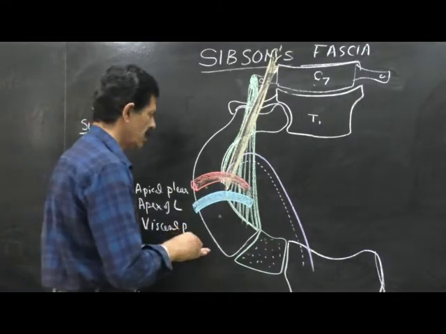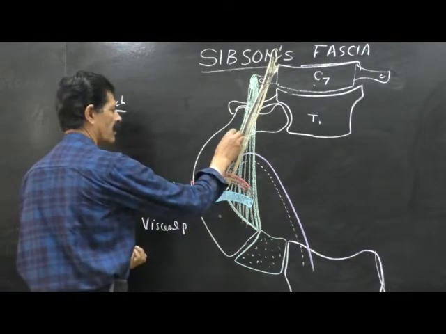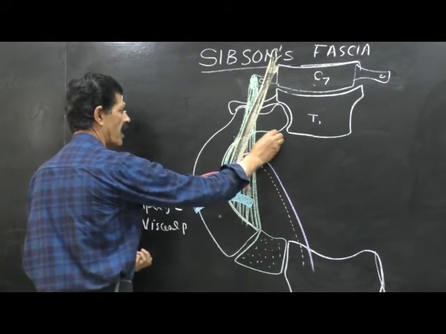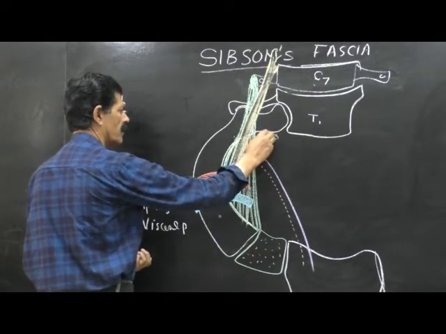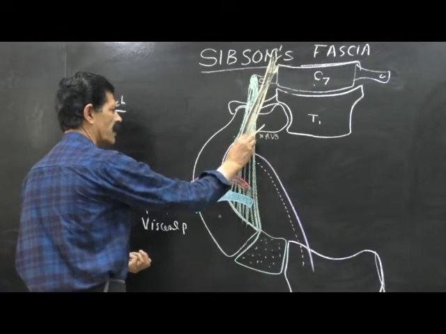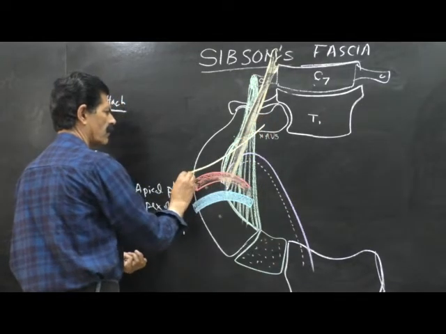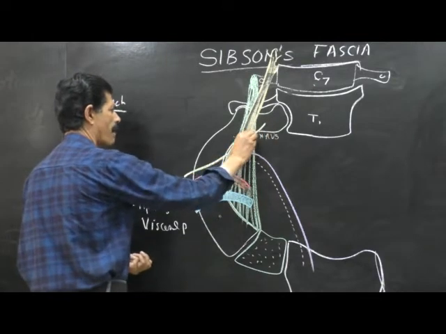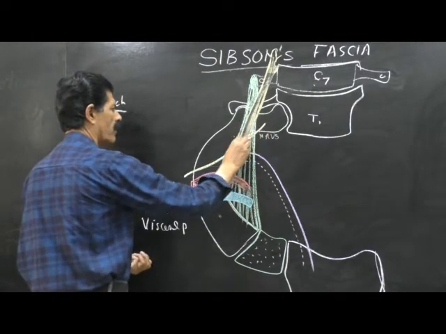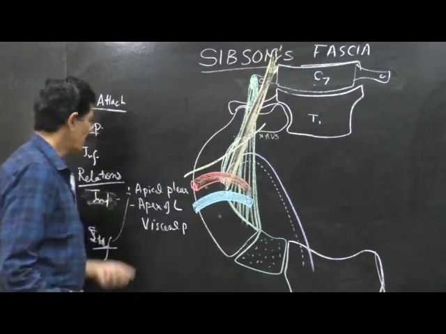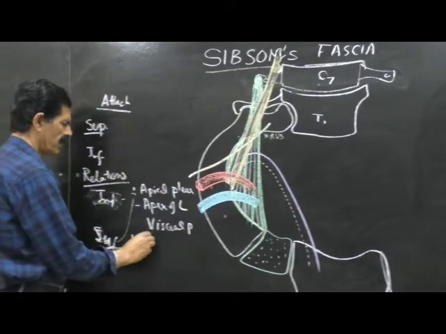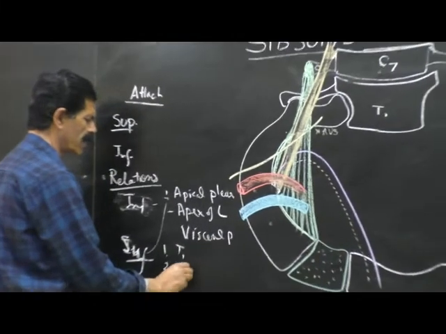Then the T1 nerve. As this nerve is coming, it also touches the surface of the fascia. So they are in superior relationship. Number 1, T1 nerve. Number 2, subclavian artery.